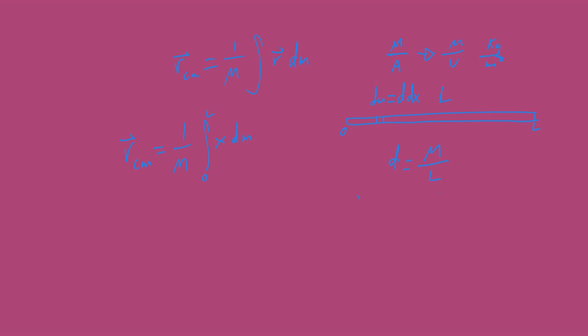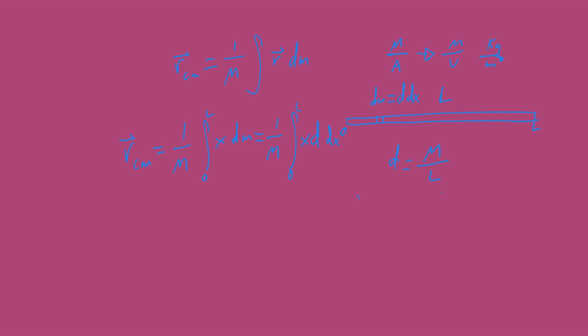So we can plug that into our equation. That's going to give us 1 over capital M, integrating from 0 to L, x. And instead of dm, we're going to write the density with respect to our little small portion of x.